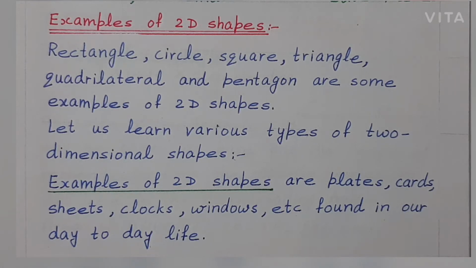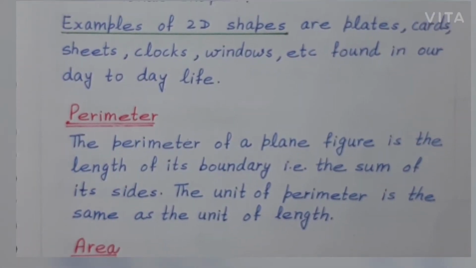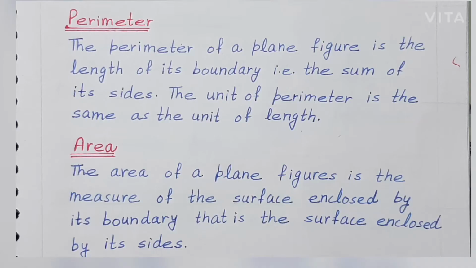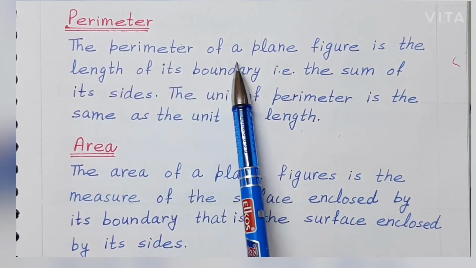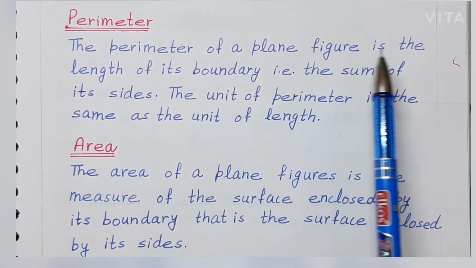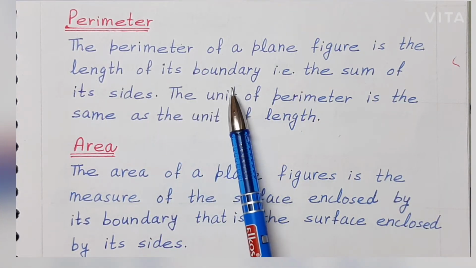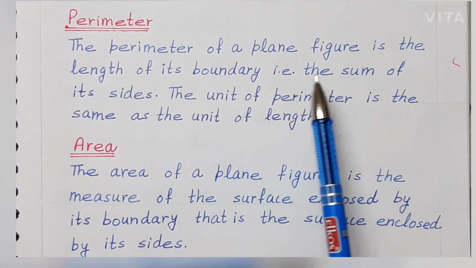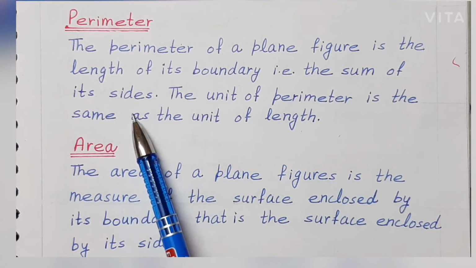Now students, let us discuss perimeter and area of two-dimensional shapes. First of all, let us see what is a perimeter. The perimeter of a plane figure is the length of its boundary, that is the sum of its sides.